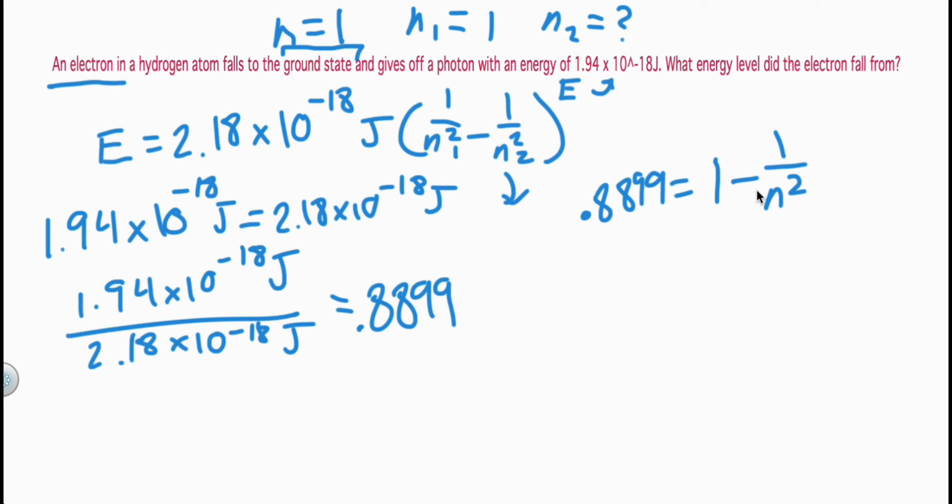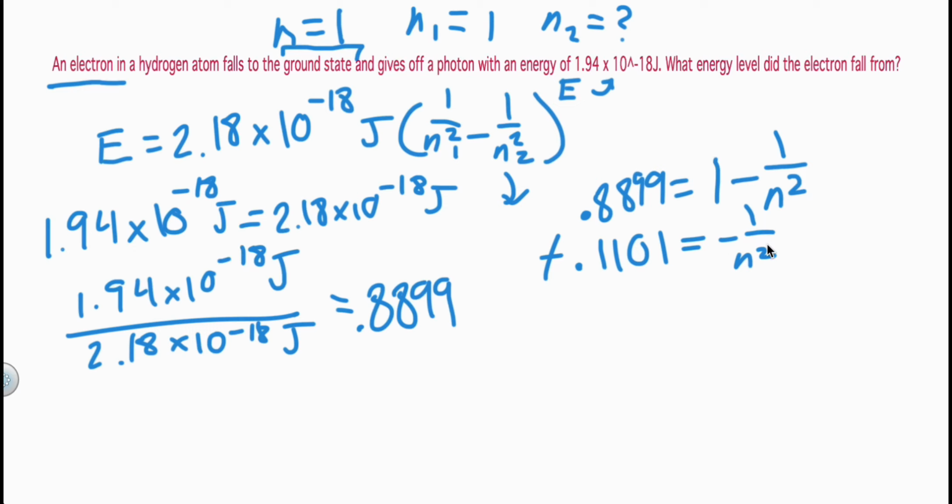So what I'm going to do is subtract this by 1. So 0.8899 minus 1 gives me negative 0.1101, and that equals negative 1 over n squared.